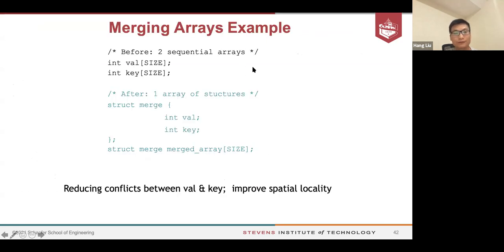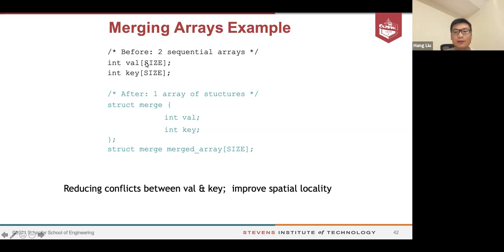Merging arrays. Assume we want to access value and key, like a key-value pair, like a map. We access one key and use that key to access the value, and use another key to access another value.